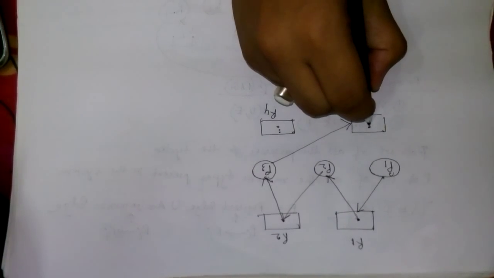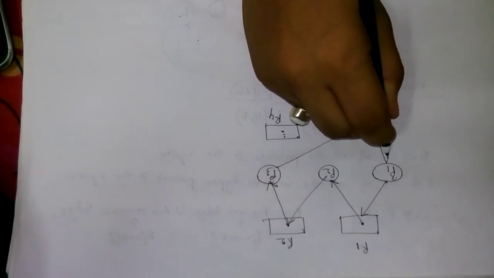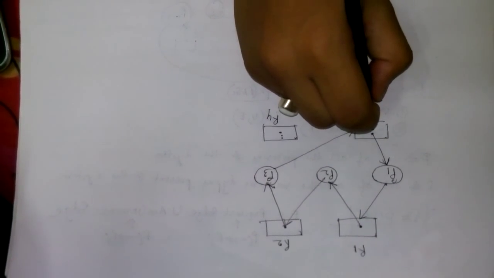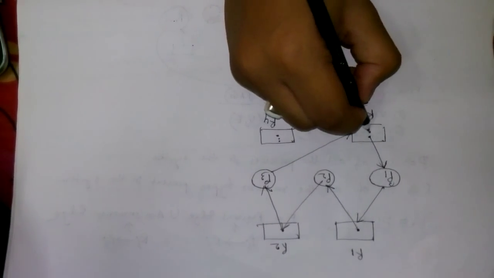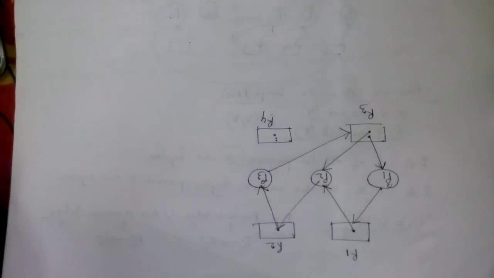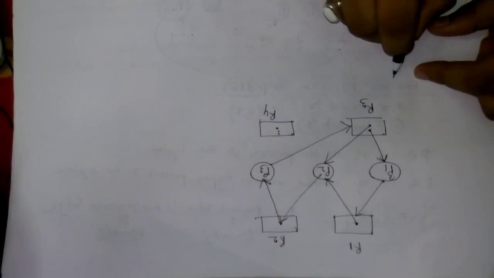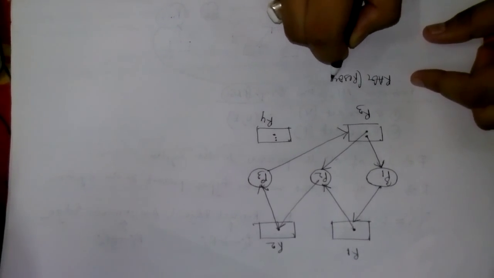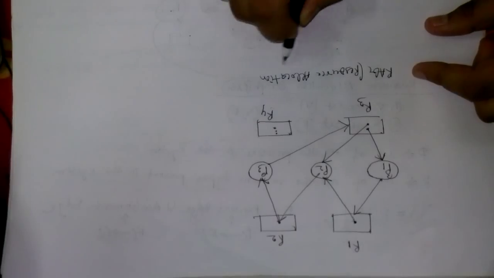Now the first instance of this R3 resource type has been allocated to P1, and the second instance of this R3 resource type has been allocated to this process P2. So this is the entire scenario which I'm having. This is an example of RAG, or the resource allocation graph.